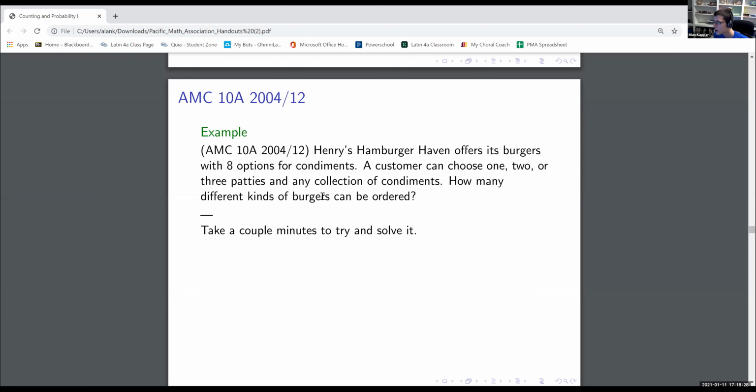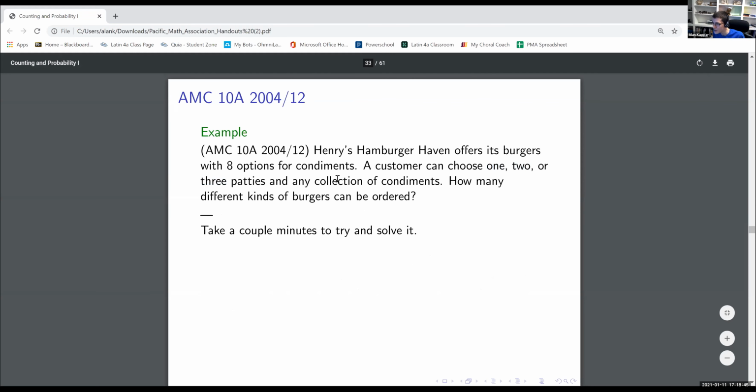Let's take a more complex example. Here's another AMC10 problem. We have a burger restaurant with 8 options for our condiments. You can choose either 1 patty, 2 patties, or 3 patties, as well as any collection of condiments that you want.